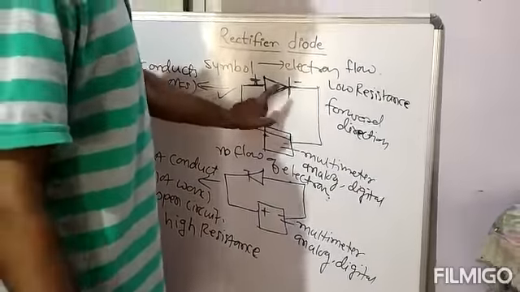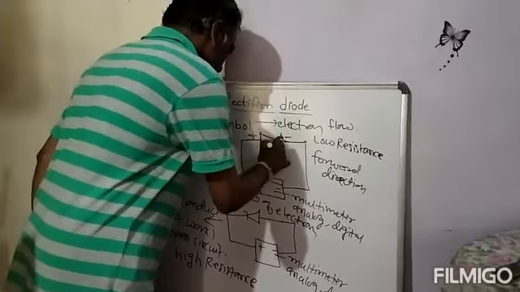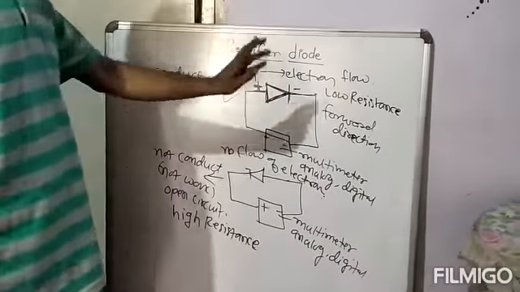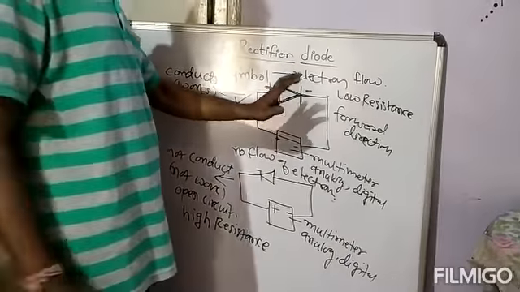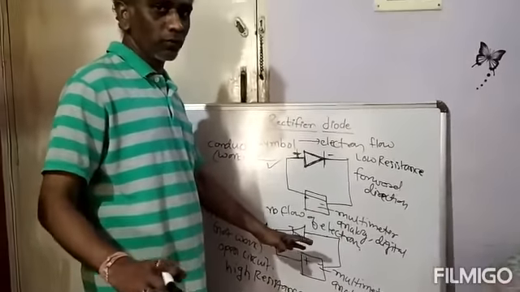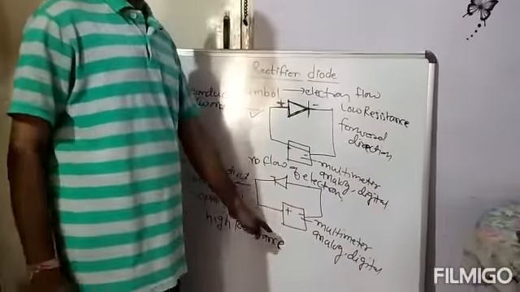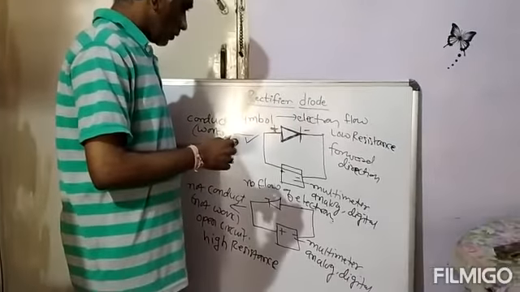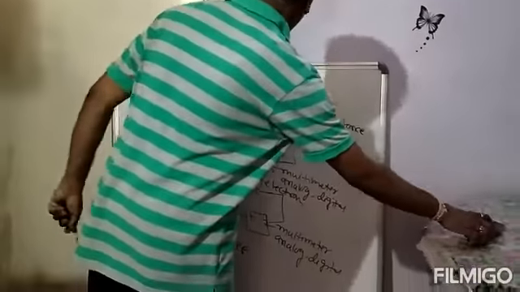Here the electrons flow, hence the current flows through the circuit whenever diode is in forward direction. And whenever diode is in reverse direction, there is no flow of electrons, and hence it is called an open circuit. So now what is the use of diode?